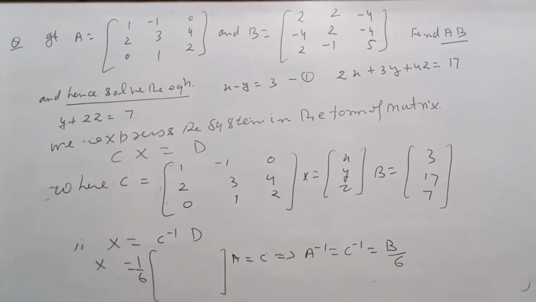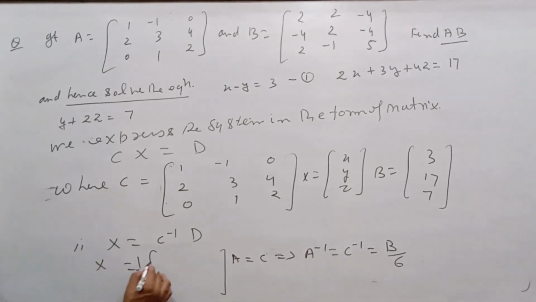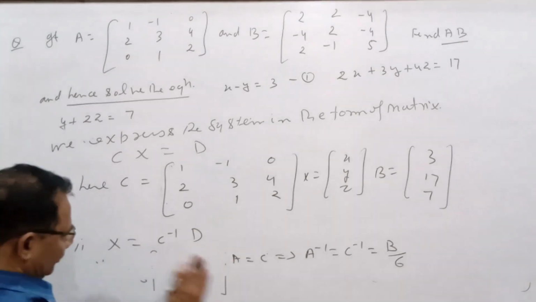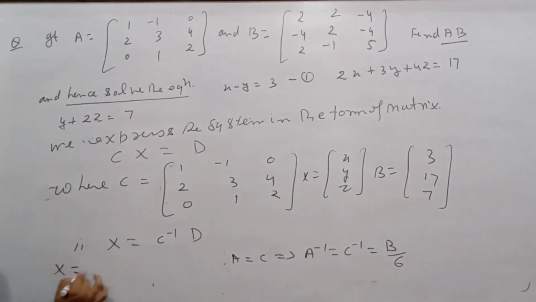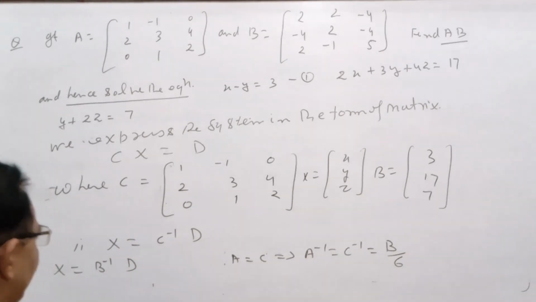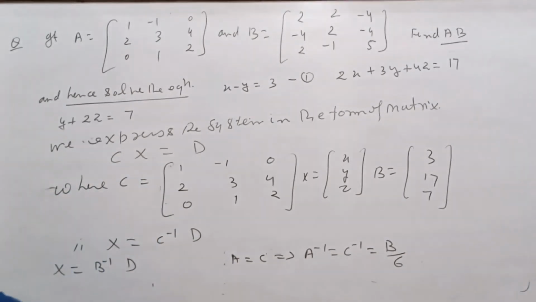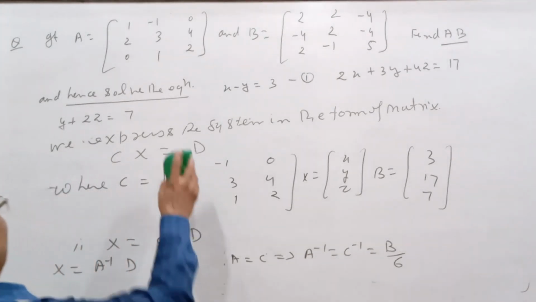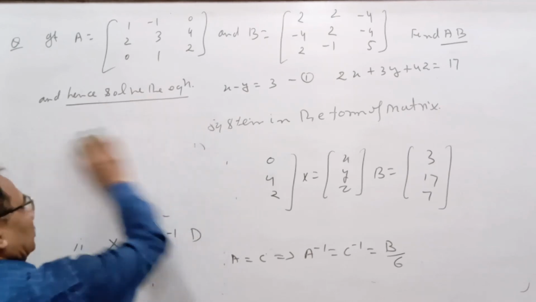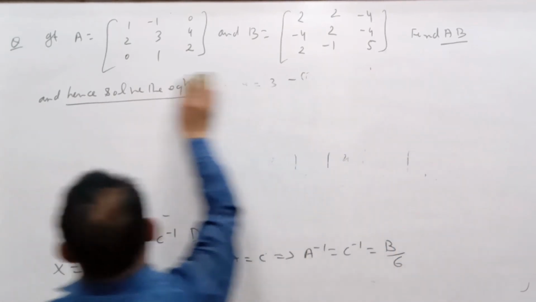So x is equal to C inverse D, and the value of A inverse is equal to B upon 6.